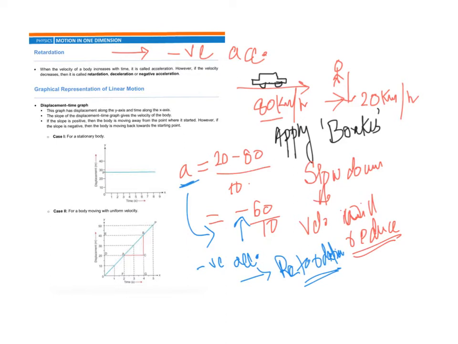Okay, beta. Tell me. See, normally question-wise, most of the time you have seen they speak about displacement. The formulas that we use, we always talk of velocity and displacement. We hardly talk of speed and distance.